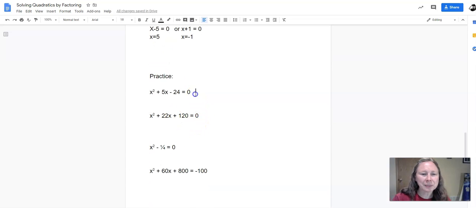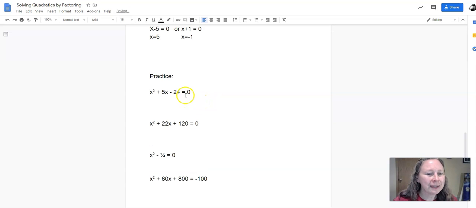Okay, so here's some practice problems to try, and we'll just work through these kind of quickly here. Again, I'll check and make sure this is equal to 0. Yes. So then we'll see if this expression is factorable. It's factorable if I can think of two numbers that when I multiply them, I get -24, and when I add them, I get +5. So I think +8 and -3 meet those criteria.